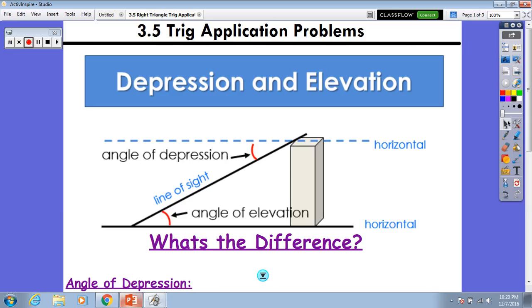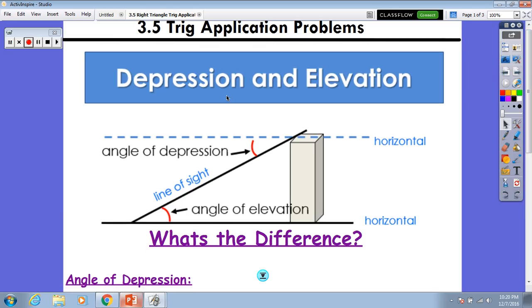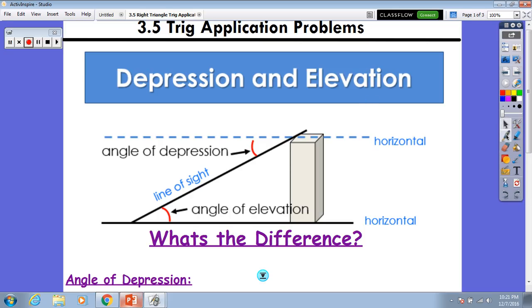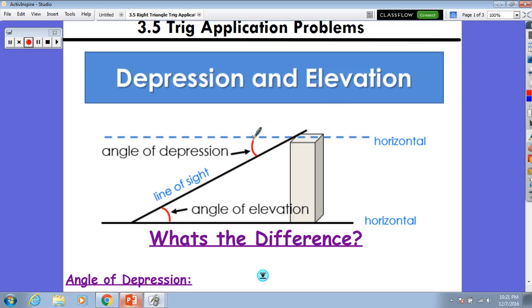Okay? Alright, so our trig problems, they're going to use these words, depression and elevation. And they're referring to an angle when they talk about this. So, an angle of depression is when you have your horizontal line that will be on top.